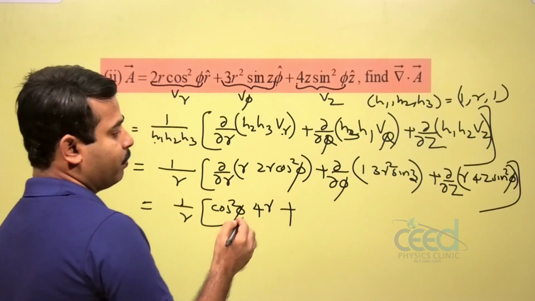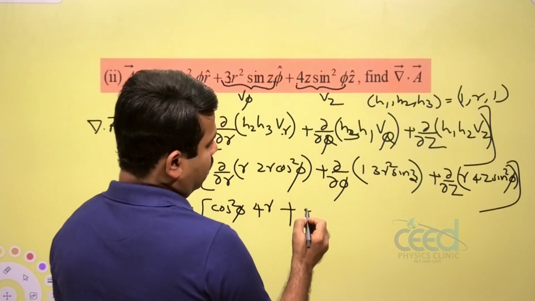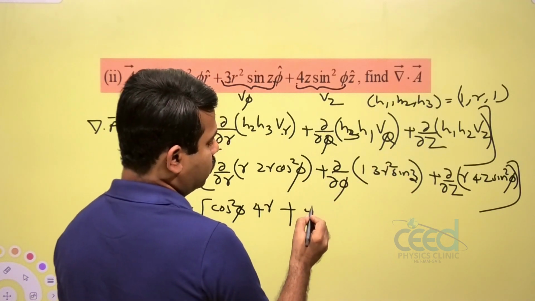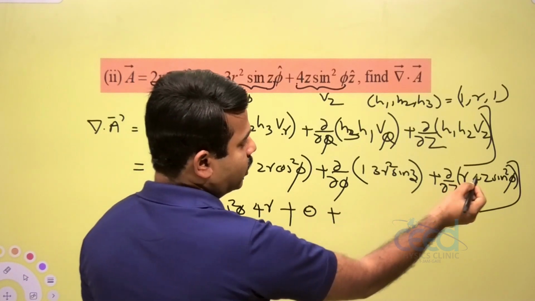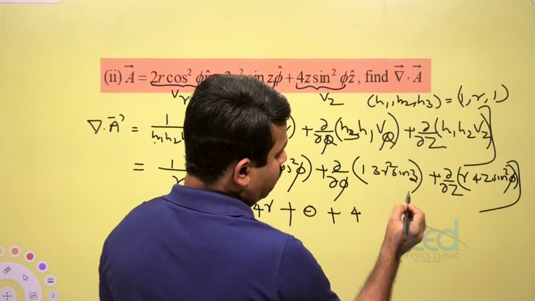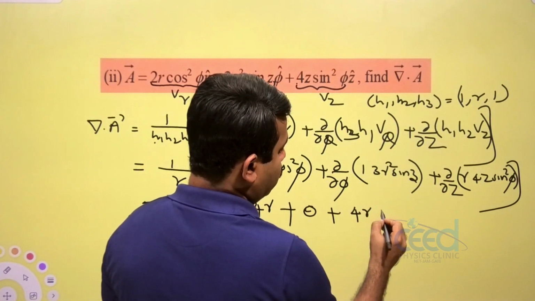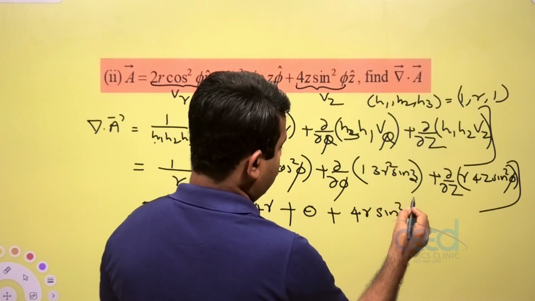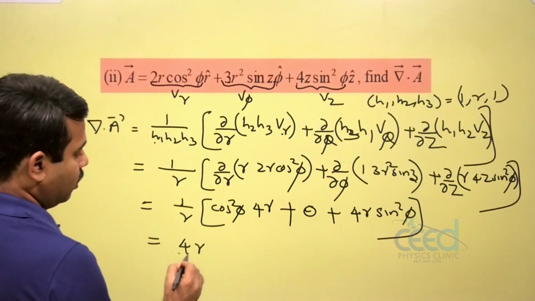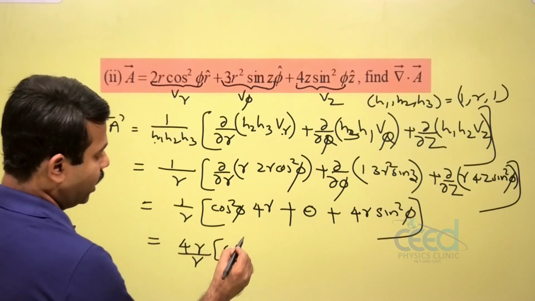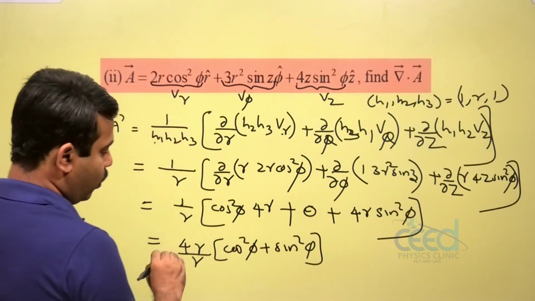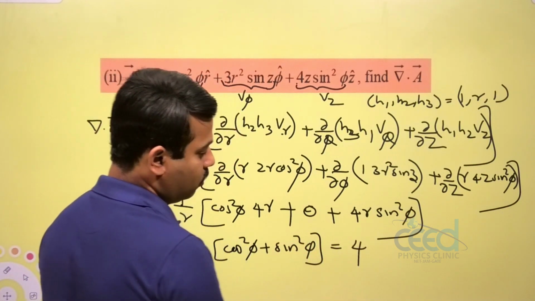Now here no phi dependence we have, so this part is 0. With respect to z, we can write 4r sin square phi. Now take 4r out: 4r by r into cos square phi plus sin square phi, that is equal to 1. r cancelled. So the answer is 4.